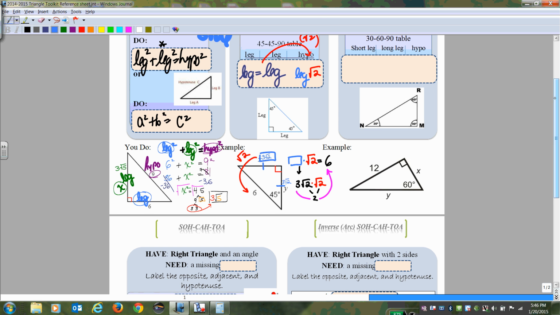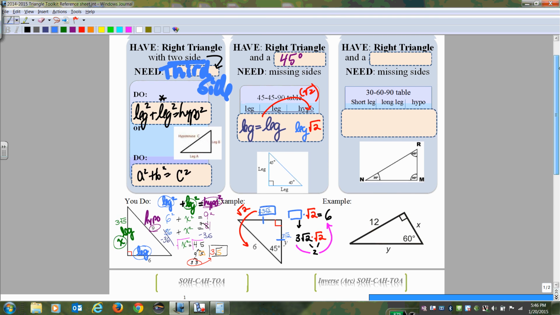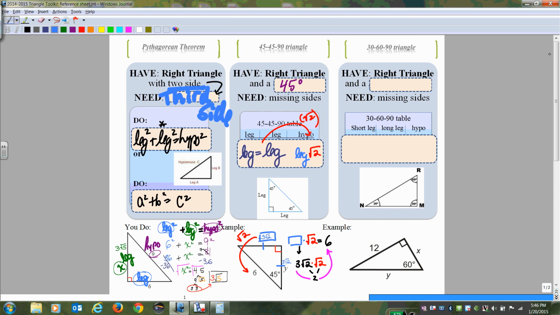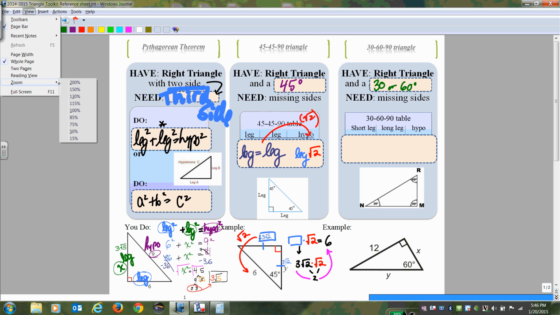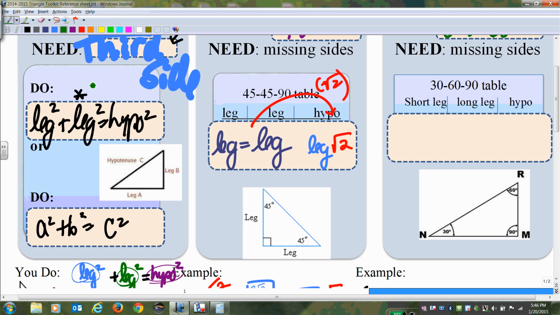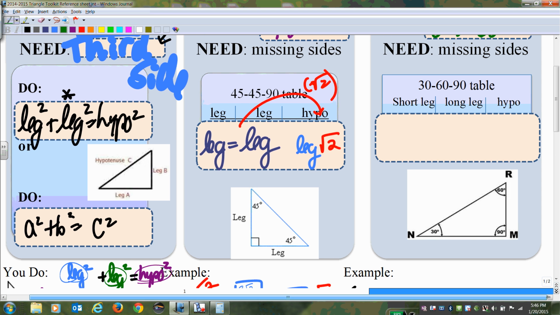Our third tool is this. If we have a right triangle and either a 30 or 60 degree angle, then we're going to use the 30, 60, 90 table. In the 30, 60, 90 table, everything goes back to the short leg.